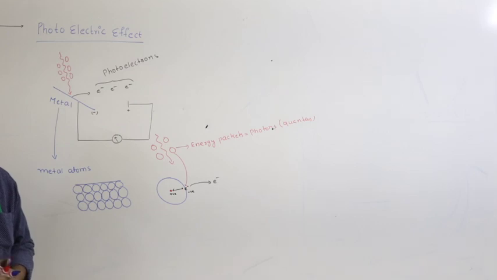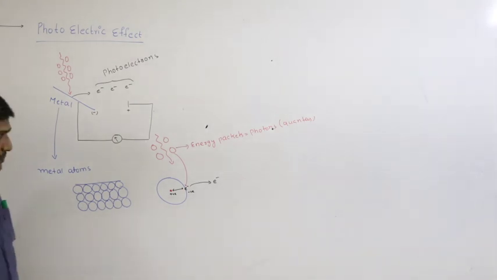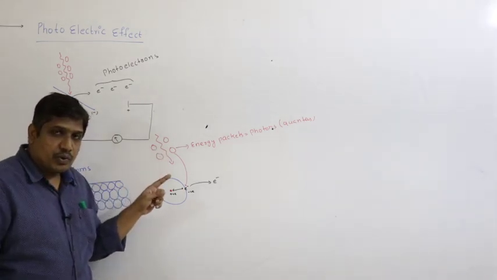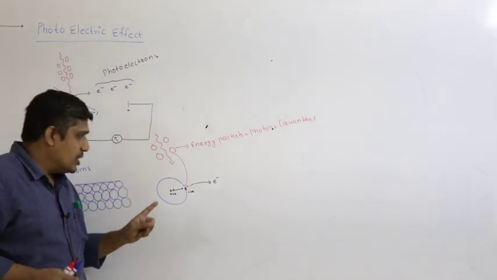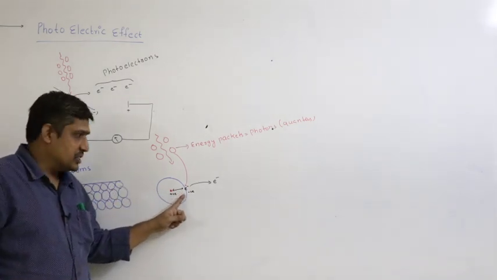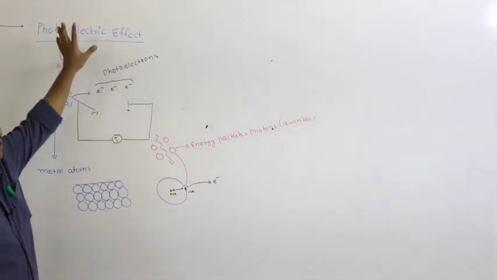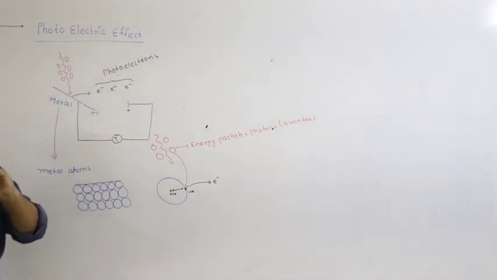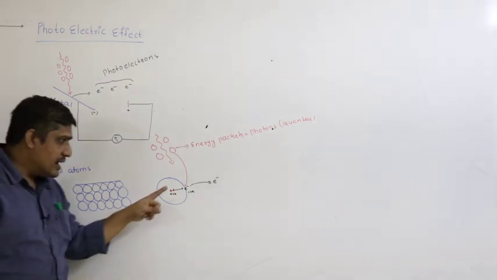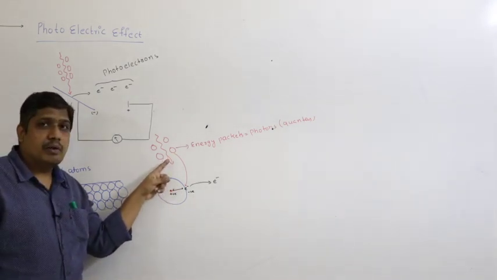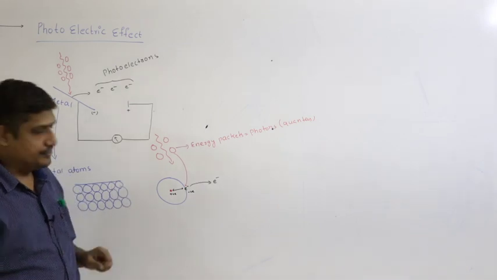So here one point we need to understand. The photon must provide sufficient energy to overcome the nuclear attraction, then only it will come out. Once it comes out, the process we call photoelectric effect. Remember, at a given instant an electron can absorb one photon.